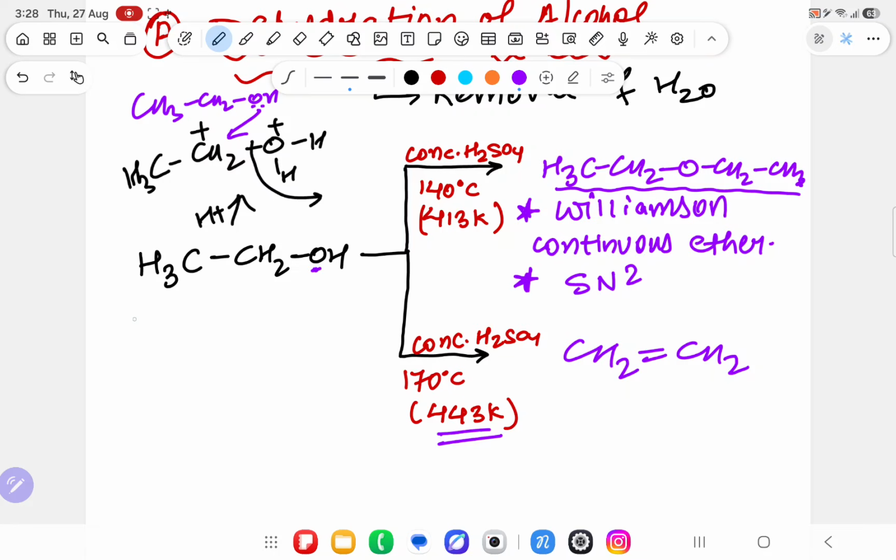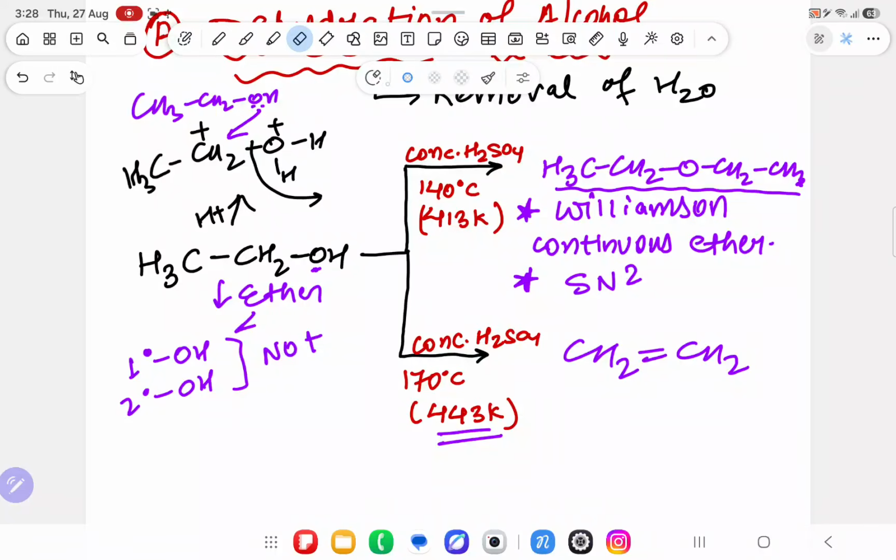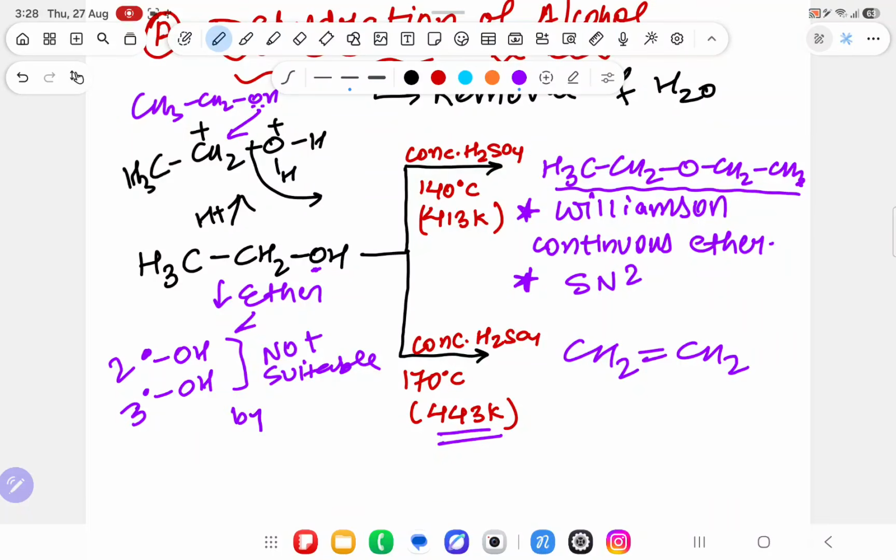Now, over here, whenever you are producing ether, you will write that 2 degree alcohol and 3 degree alcohol are not suitable. 1 degree I have already taken. 2 degree and 3 degree alcohol are not suitable by dehydration to produce ether.